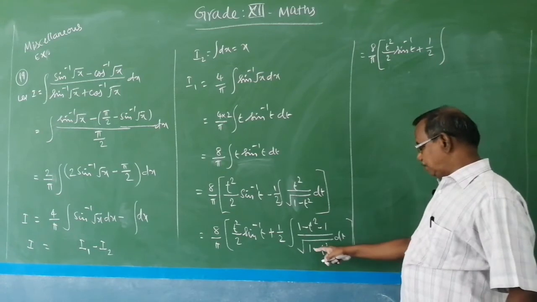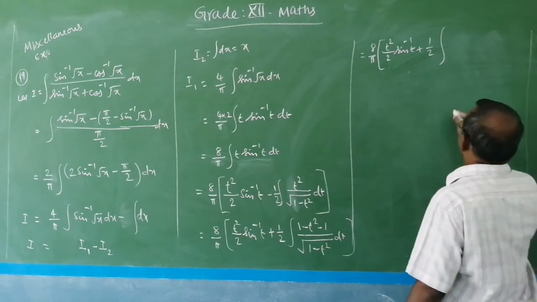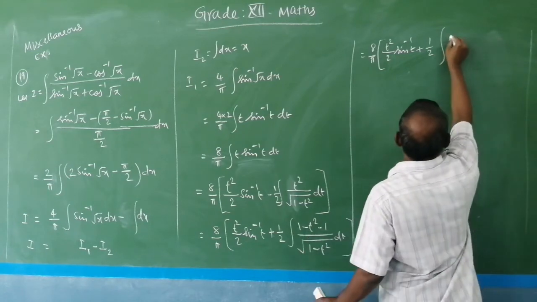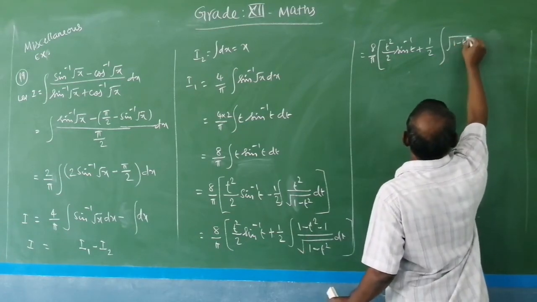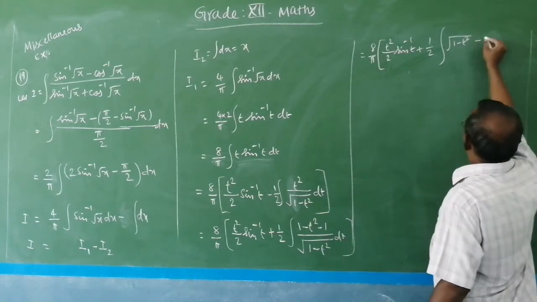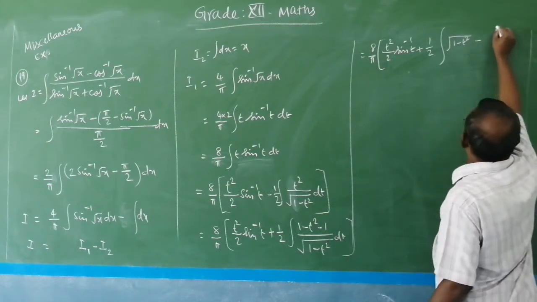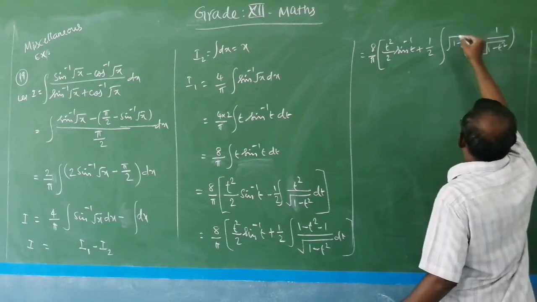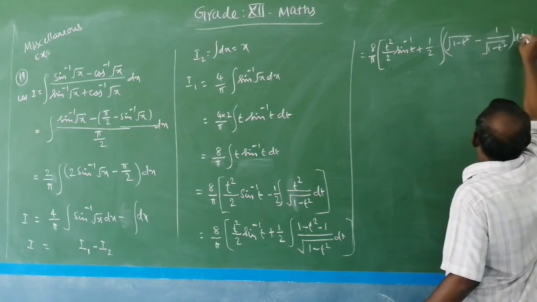Now it is 1 minus t square divided by root of 1 minus t square, which means root of 1 minus t square, and the other part is minus 1 by root of 1 minus t square into dt.